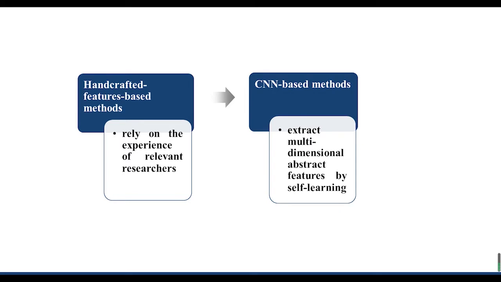Compared with traditional handcrafted classification features, they can extract multidimensional abstract features by self-learning and do not depend on the experience of experts. This makes CNN-based methods show stronger advantages and motivated us to design a CNN-based Steganalysis method.